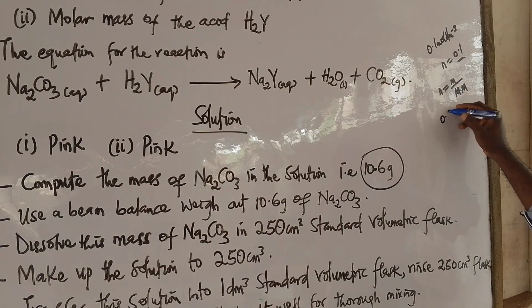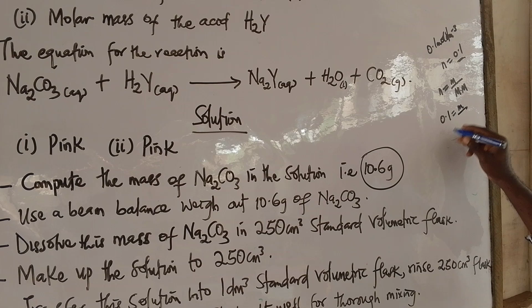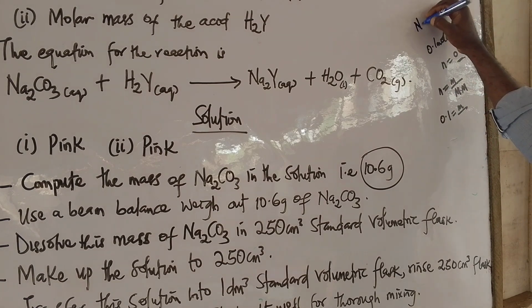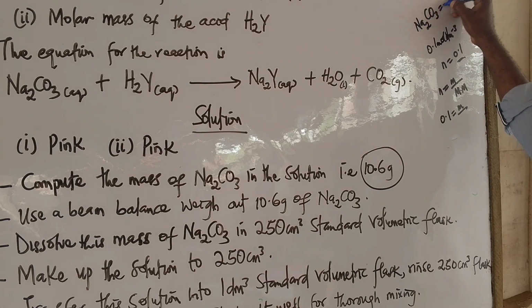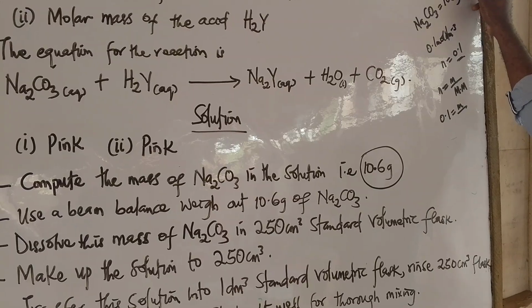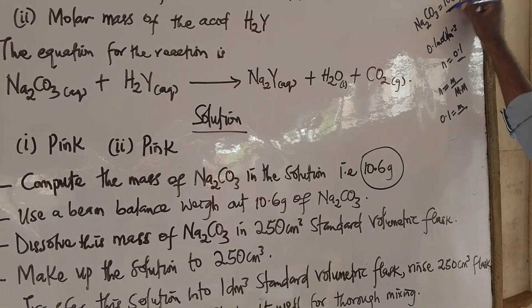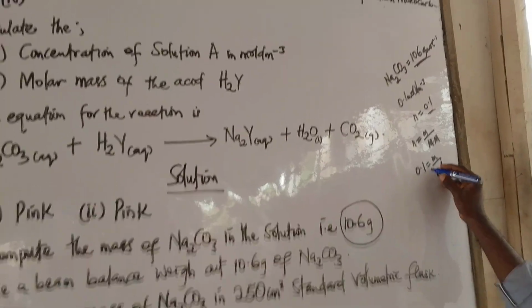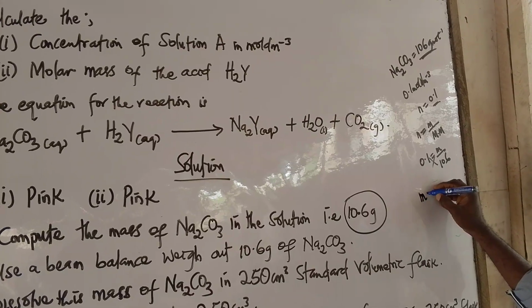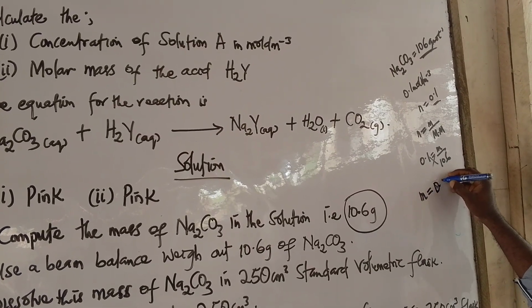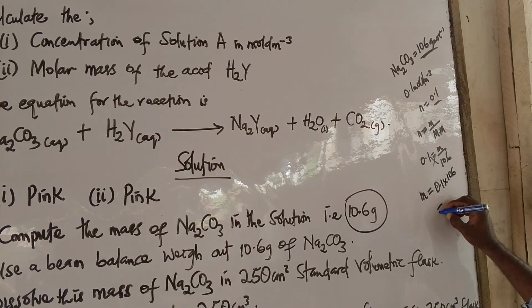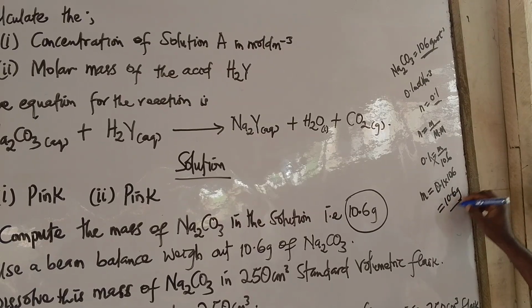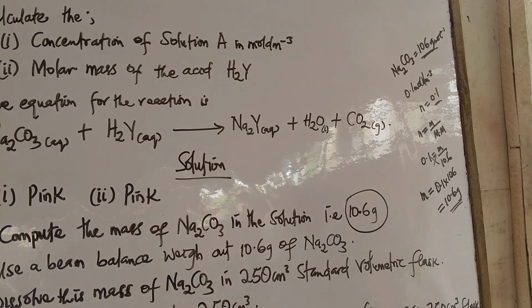So 0.1 is equal to mass all over molar mass of Na2CO3, which is 106 gram per mole. So all over 106. Now cross multiply. You are going to have mass to be 0.1 times 106, which is 10.6 gram. This is the mass you are going to measure.